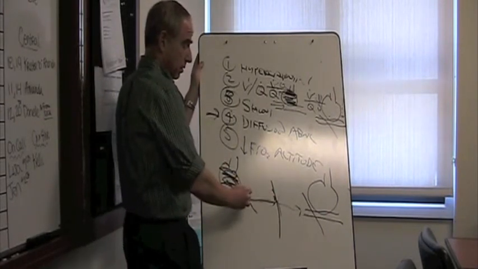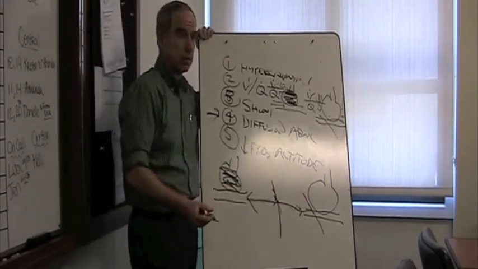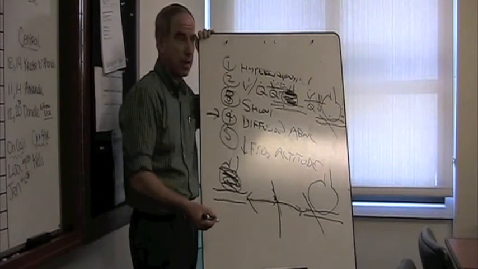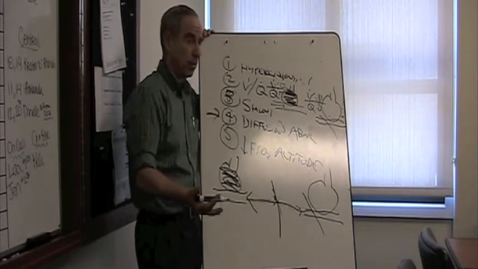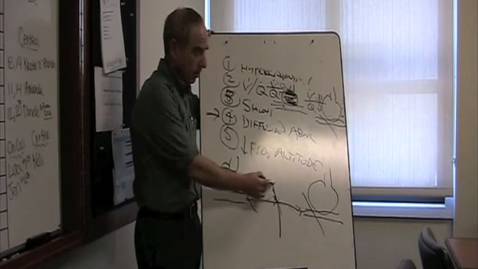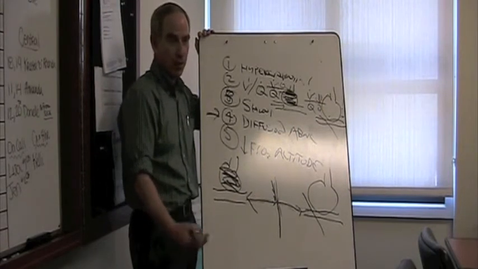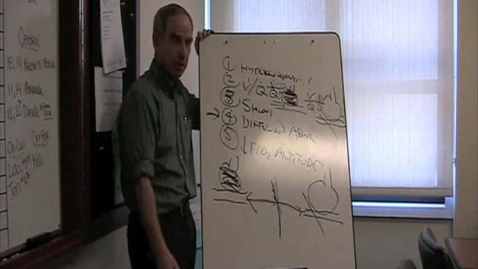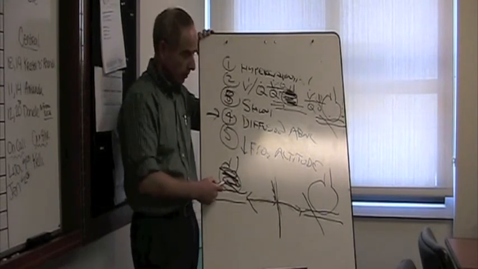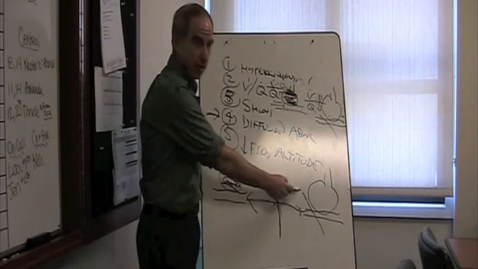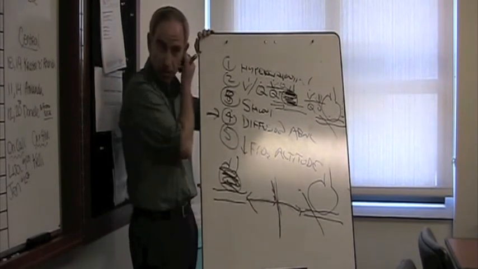And what about on the rest of this line? What is that called? It's VQ mismatch, right? Anywhere else on this line other than this line of identity, where the ventilation is matching the perfusion, on this side you're going to have less ventilation, on this side you're going to have less perfusion. That's all VQ mismatch, right?